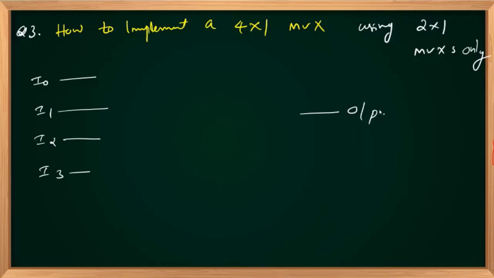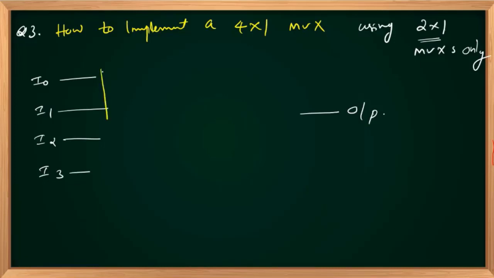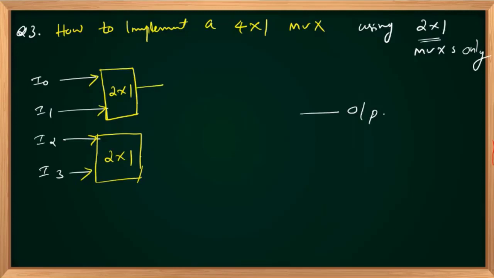We should implement a 4 by 1 mux using 2 by 1 mux only. So the obvious method is to place two different 2 by 1 muxes, so that I will have 4 inputs. 2 plus 2, 4. Each 2 by 1 will have different outputs, but I should have only one output. So I should combine these two outputs into a single output by using another 2 by 1 mux.